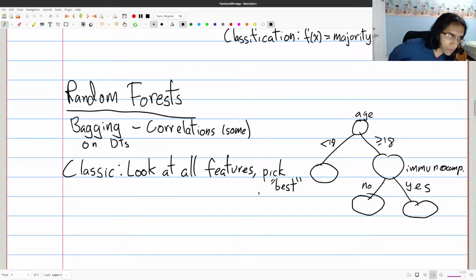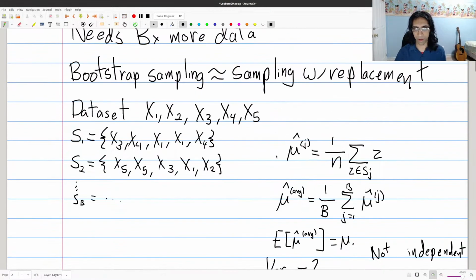But the issue is that this can lead to a lot of our trees looking very similar on the same data set. Remember, we were talking about how when we do this bootstrap sampling, we would have correlations between these random variables, which can hurt us.